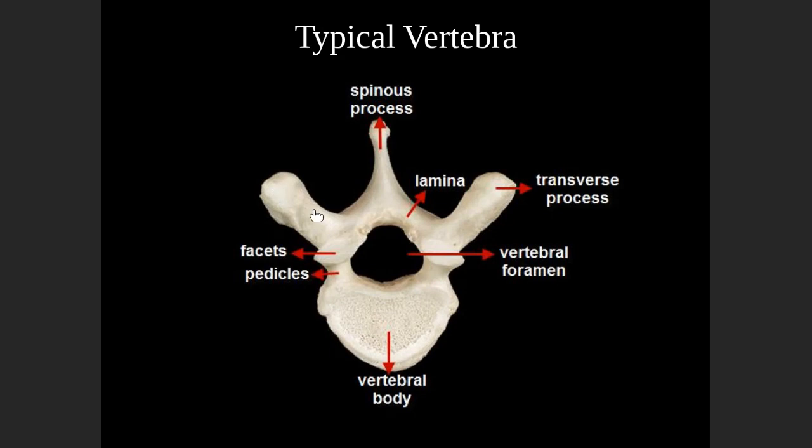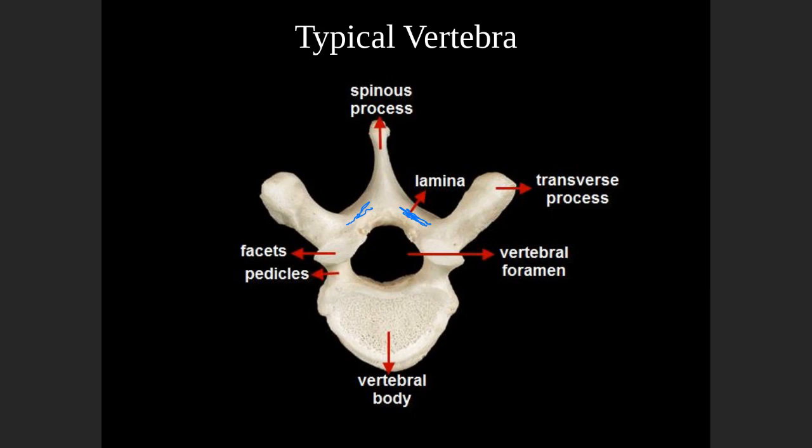Then you have these processes coming off to the side, and those are the transverse processes. Here and here. In between the spinous process and the transverse process, that's called the lamina.